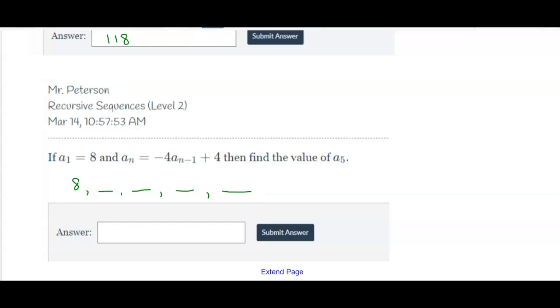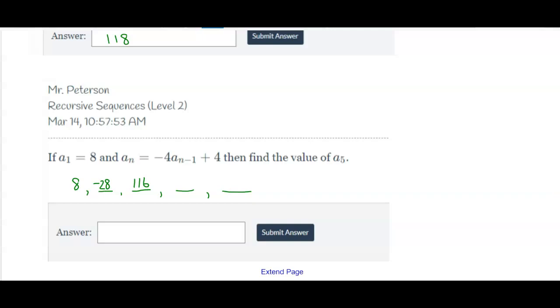So times -4 would give me -32, plus 4 would give me -28. Times -4 would give me, I'm just trying to quick do this in my head here, if I do -4 times -28, I'm going to end up with 112, positive 112, and then if I add 4, I get 116.